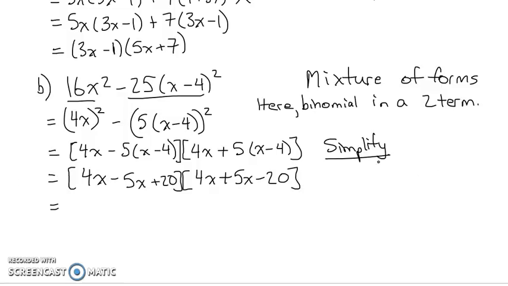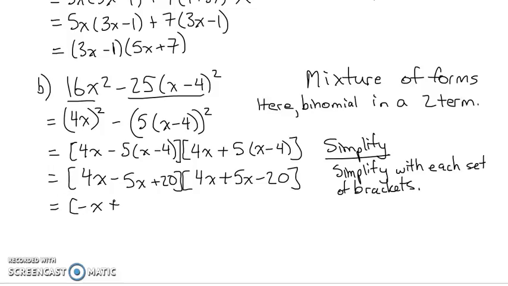It just means we simplify within each set of brackets. This is going to become negative x plus 20, or minus 1x plus 20. And this is going to become 9x minus 20.